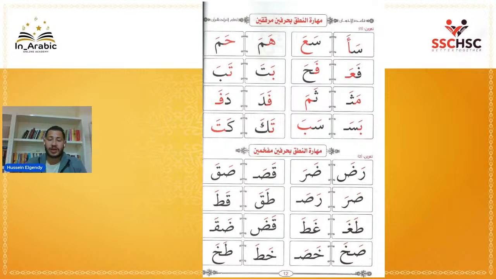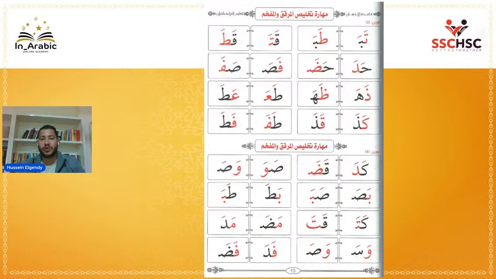Then we are at Ta, Ra, and Ra, Ta. Then Ka, Ba, and Ba, Ka. The last line on this page is about Sa, Kha, and Kha, Sa. Then Kha, Ta, and Ta, Kha.